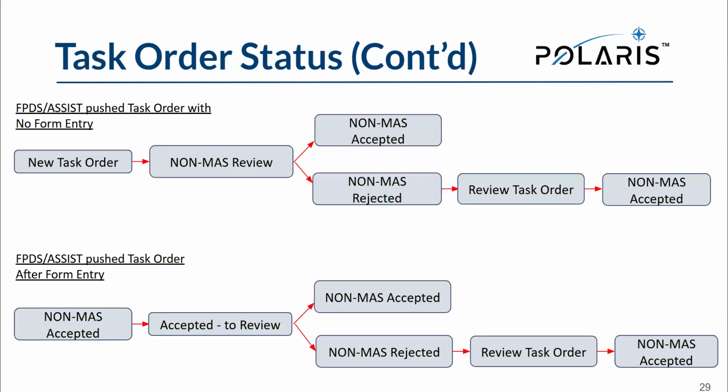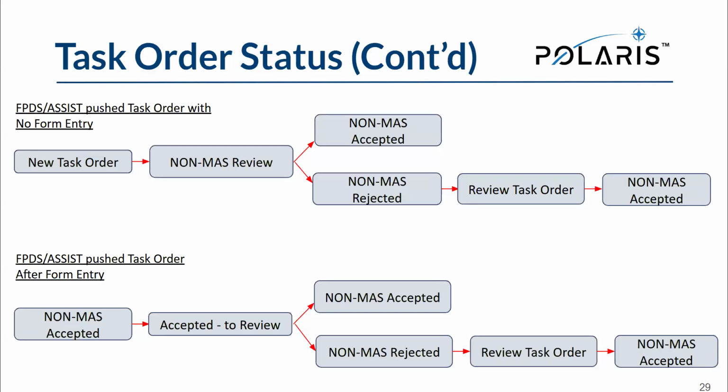If FPDS or Assist data is pushed into SRP after an identical task order already exists in the system, the status before the data push would be non-mass accepted. This is because your task order will be ready to be reported upon when you enter your task order manually.